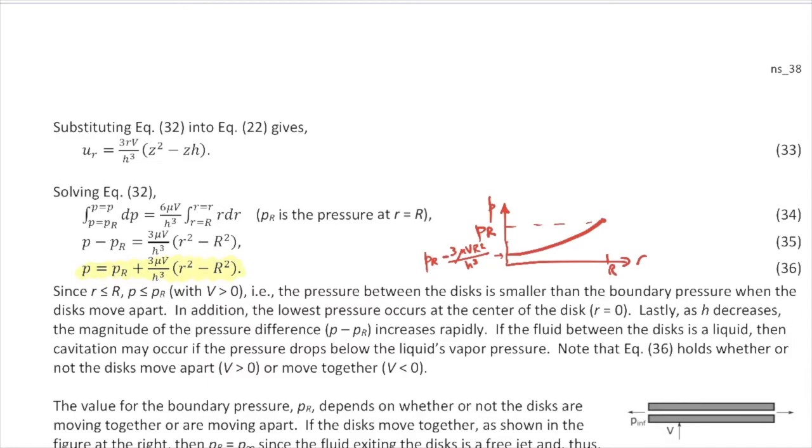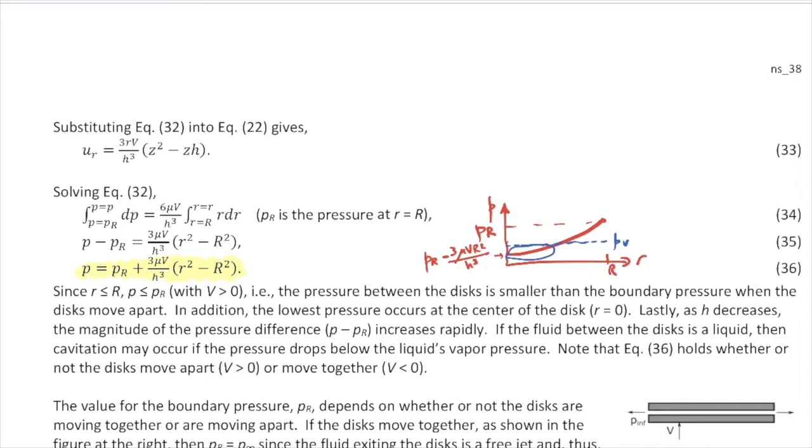This kind of geometry is actually a common kind of thrust bearing design. So if the vapor pressure, let's say, was right here for the liquid, then this whole region right in here would actually cavitate, and it would change the system that we were modeling. So anyway, that's a concern sometimes with bearings. If we're dealing with a gas like air, then you don't have to worry about that sort of thing.